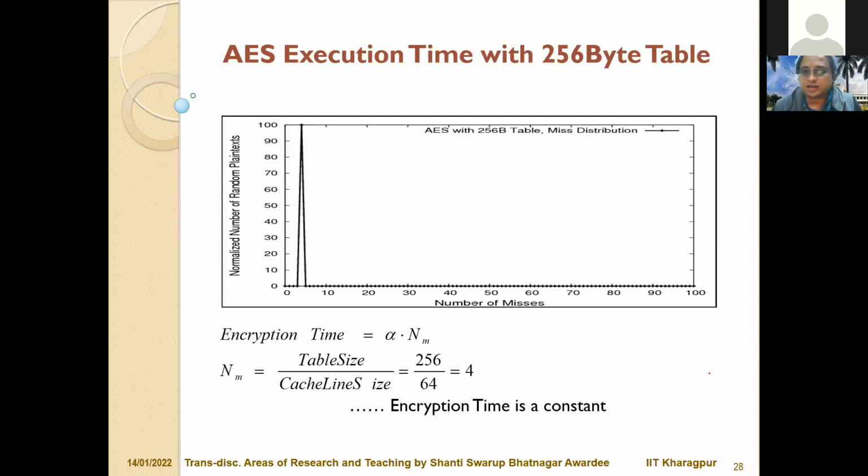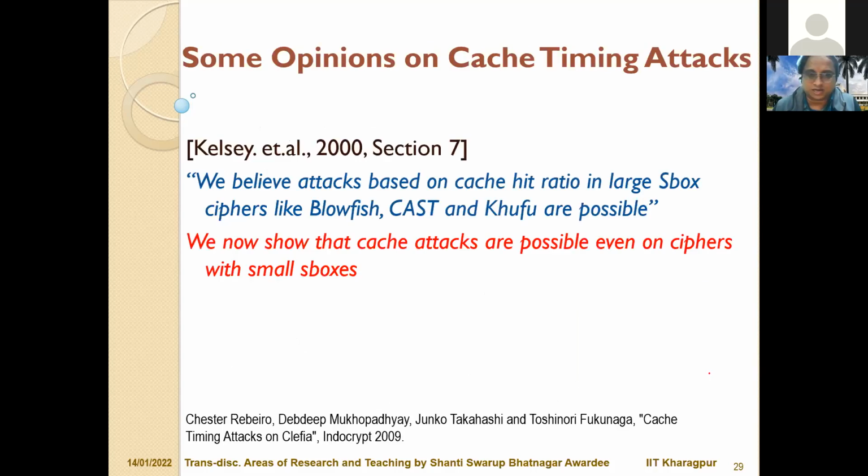So since you do not get that nice distribution in the cache misses, probably the timing will be constant. So it will probably be a constant timing implementation, and therefore will not reveal information to the attacker. However, this was a popular belief, but the attack is still possible under such settings.